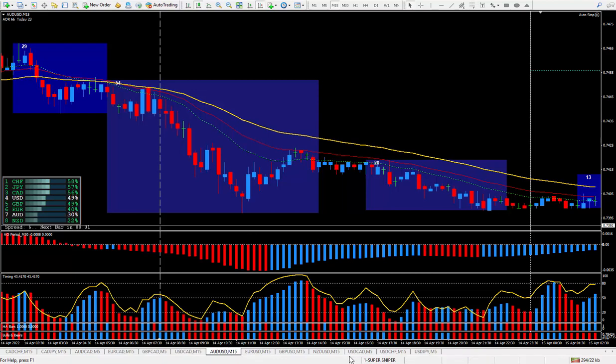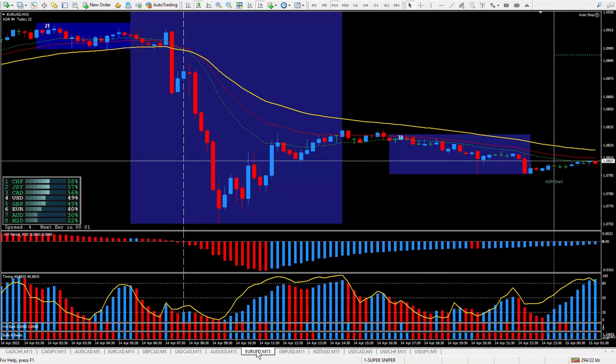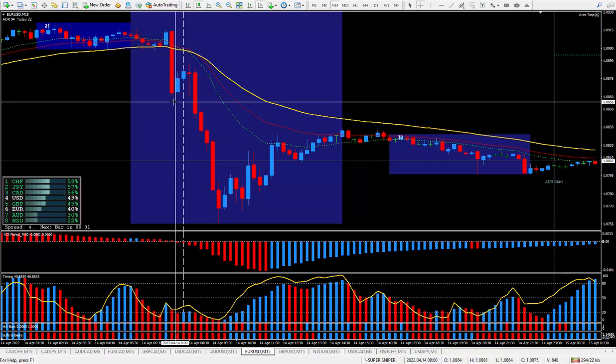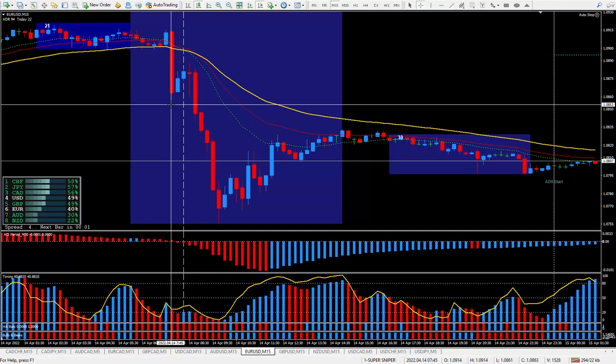In other words, dollar CAD, dollar Swiss, dollar yen should be going up. And if you want to trade all the dollar pairs, it's possible. Euro dollar is right here, same as the Aussie dollar, going down. There's your long candle from 7:45, 45 minutes before.